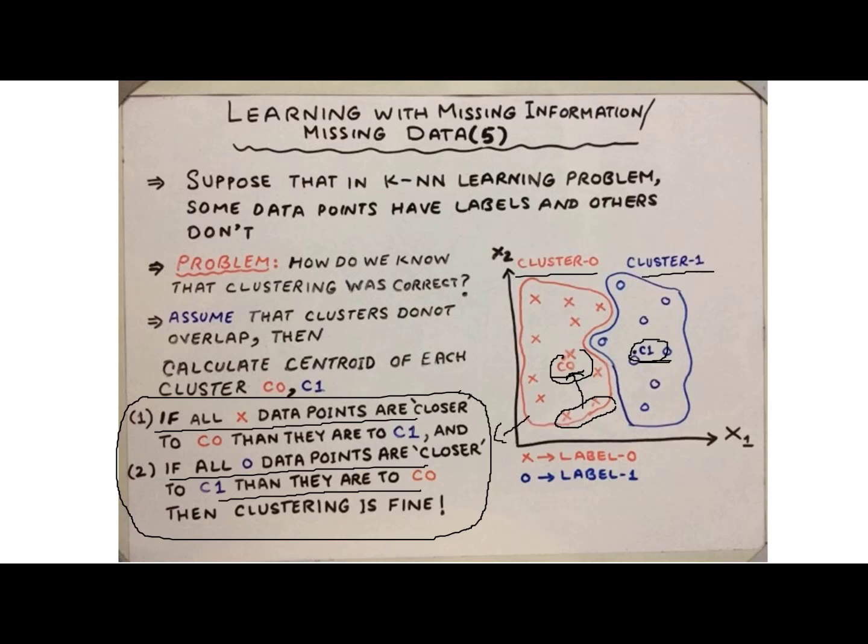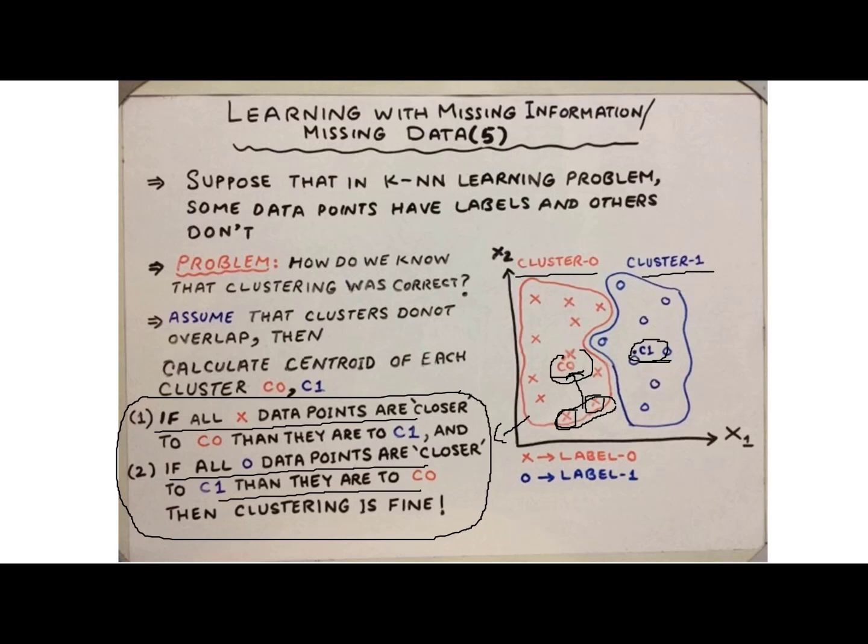So the algorithm will stop here, and once we have these clusters, we have essentially provided labels to the initially unlabeled data points that were given as part of the problem. And also, once the clusters have been formed, we can easily classify unseen data points depending upon where they fall.